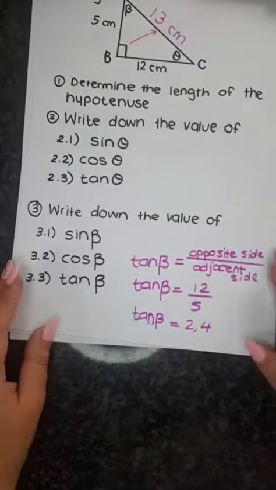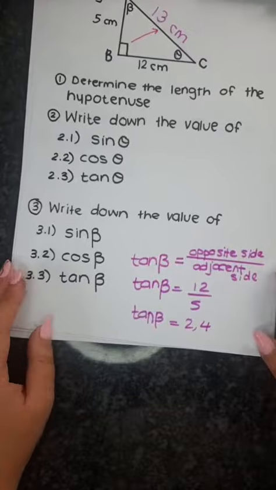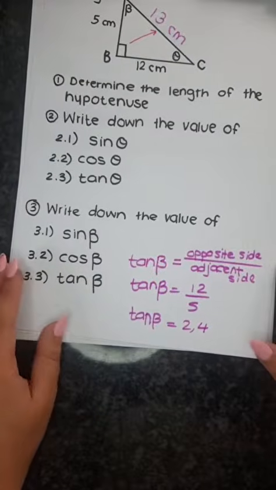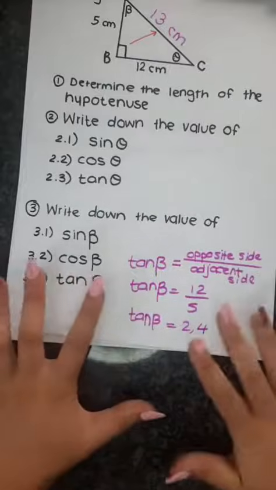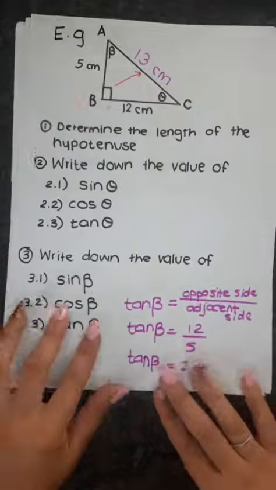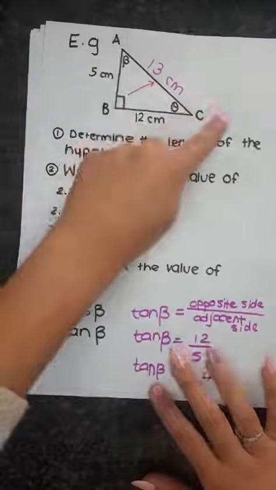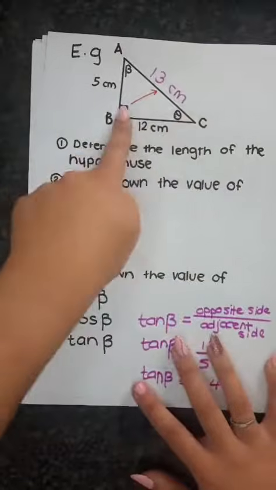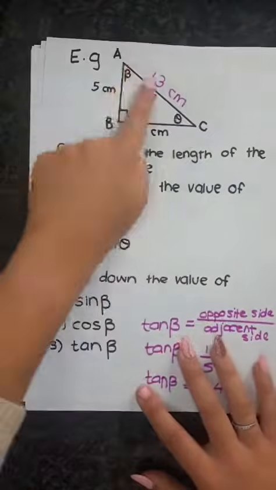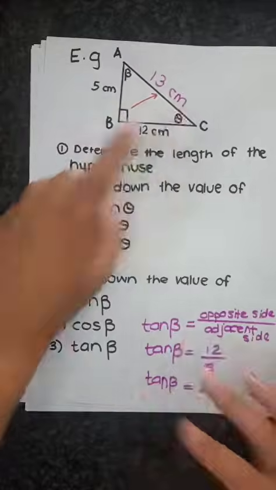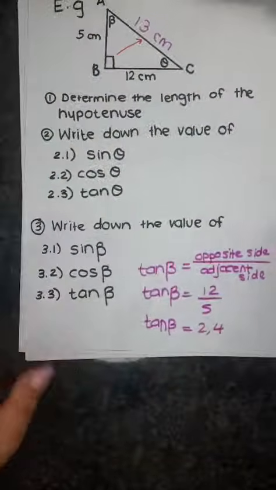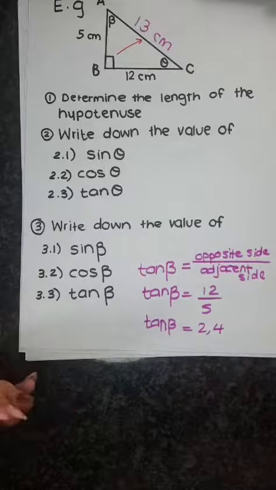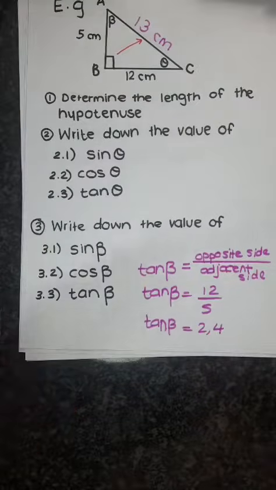But since it's right angled, can't we use a squared plus b squared equals c? Okay, so yes, we used Pythagoras, is what you're referring to. We used Pythagoras to determine the length of my third side. So I knew AB and I knew BC, so I used Pythagoras to determine the length of this unknown side. But what these questions are asking me to do is use trig ratios to write down a value.